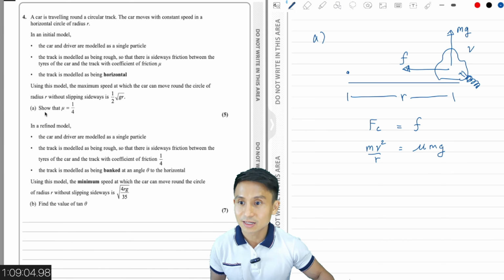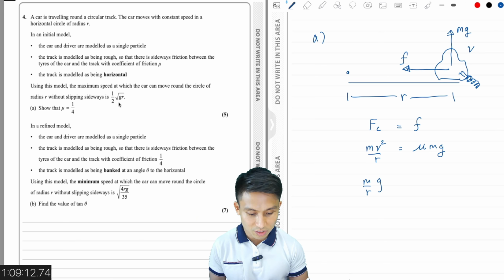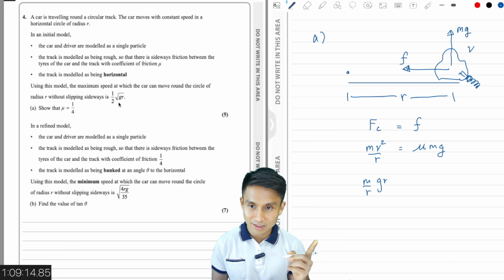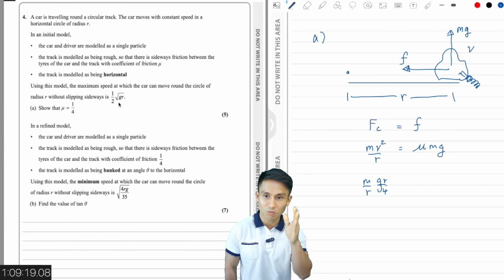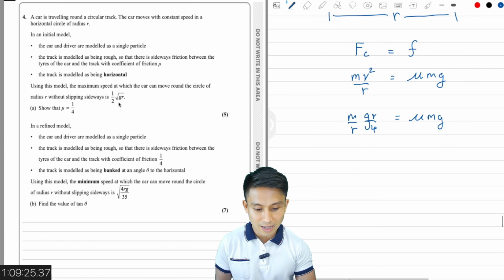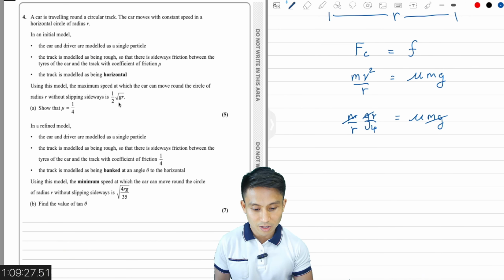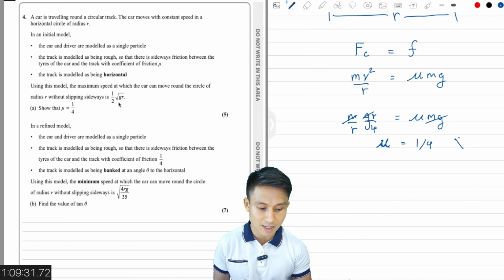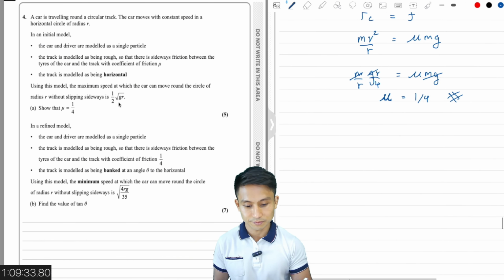So it's just m over r and then that whole thing, gr. V squared is going to be gr over 4, because if you square the half root gr, you get 1 over 4 gr. So I put that in already, equals mu mg. So the g cancels, the m cancels, and you get mu as 1 over 4, as simple as that.